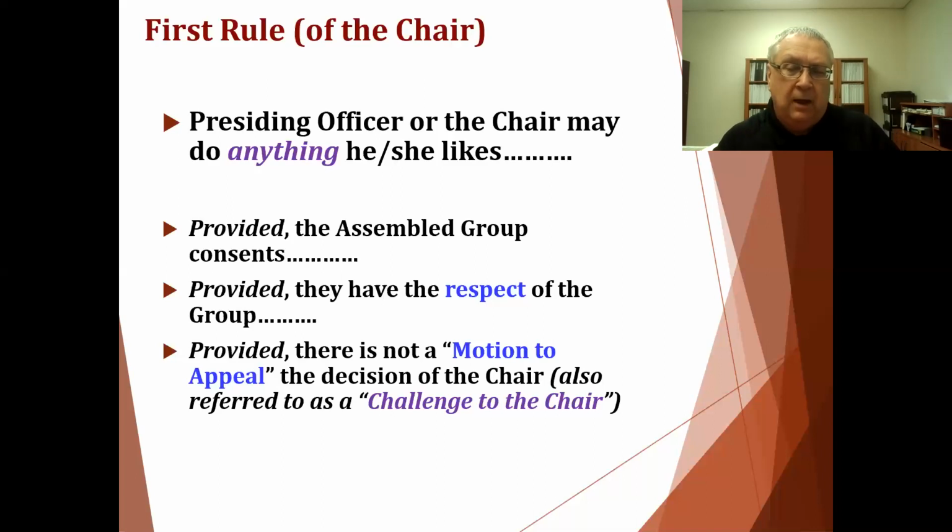But if I know my group of members, I know they've reviewed the minutes, then I probably will be successful in getting it passed in that way, even though I didn't follow all the formal perfect processes, because I'm the chair, I can do anything I want if I have the acceptance of the floor.